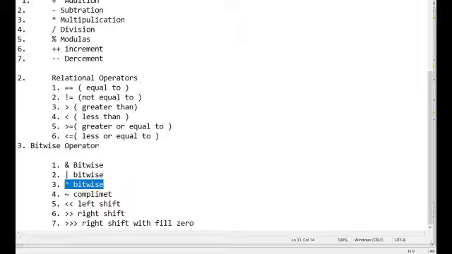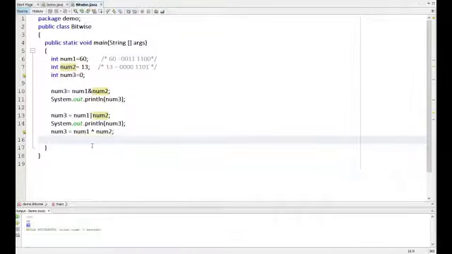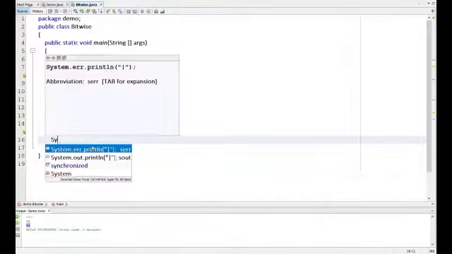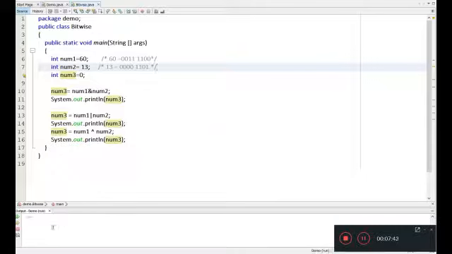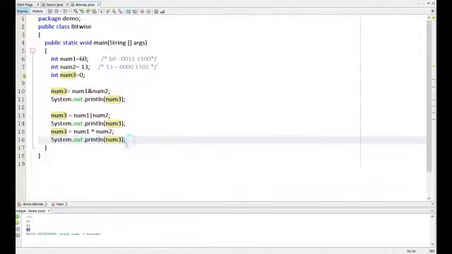So when we run this particular file with System.out.println(num3), it will give me an answer of 49. So again, all the bitwise operators will run in accordance with the same idea.